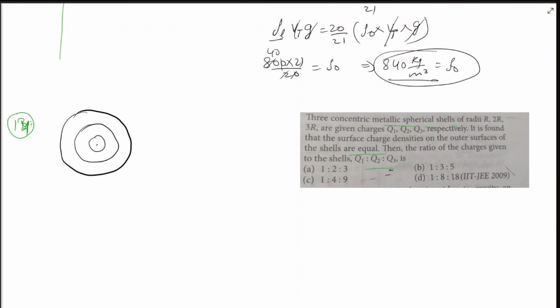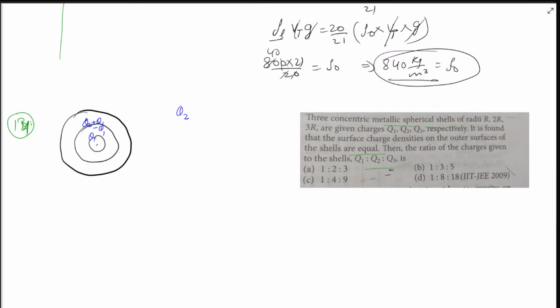Now the inner sphere has Q1, so it will be on the outer surface. Now this Q1 induces minus Q1 on the inner surface of the second sphere. But the second sphere has Q2 charge, so on its outer surface it must be Q2 plus Q1, right?